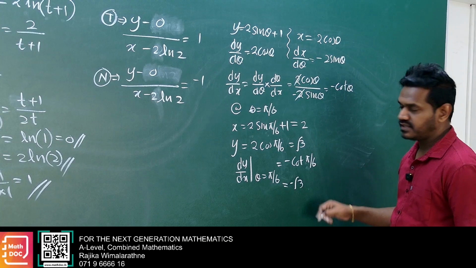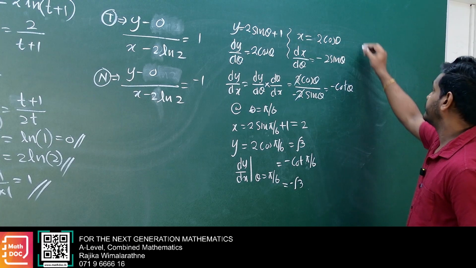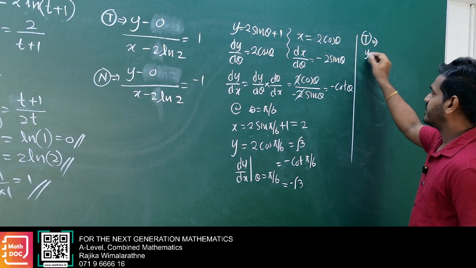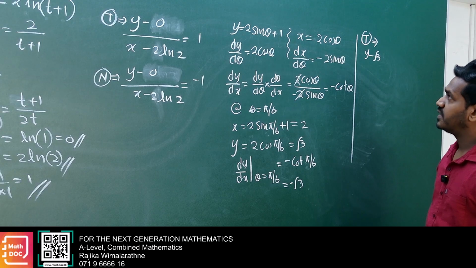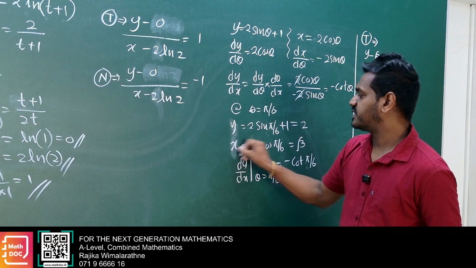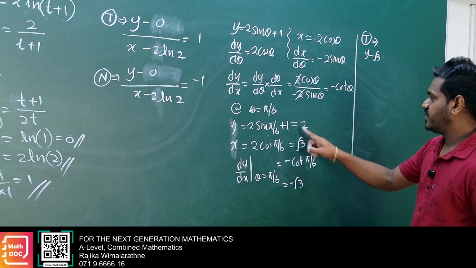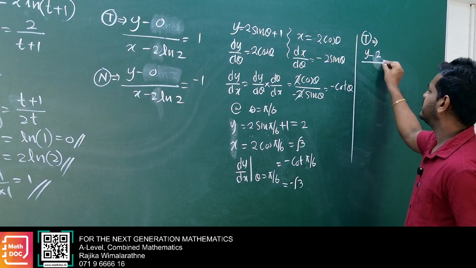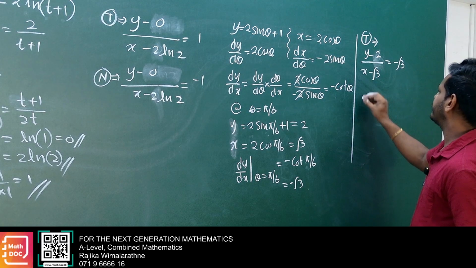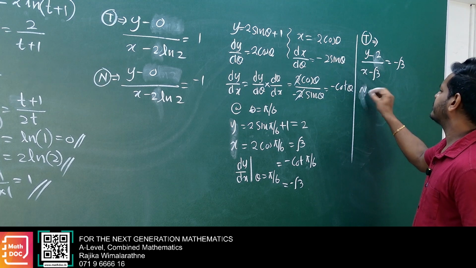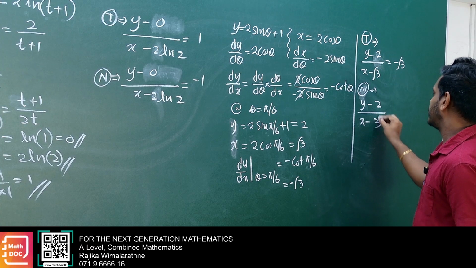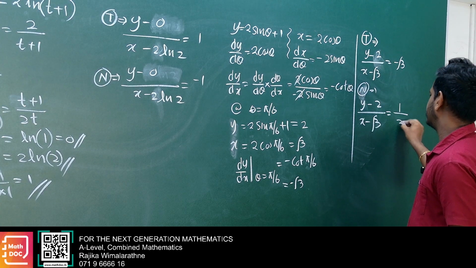Then we know the coordinates and gradient, so write the tangent: y minus root 3... y minus 2, x minus root 3 equals minus root 3. Then the normal: y minus 2, x minus root 3, 1 over root 3.